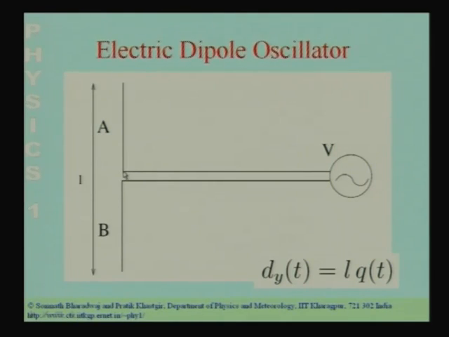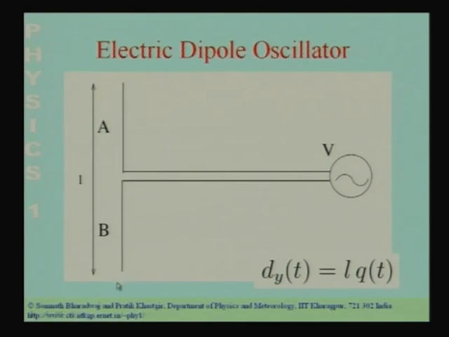Now, if I have a positive voltage at the bottom of A and a negative voltage at the bottom of B, then there will be an excess of positive charge at this tip of A, and an excess of negative charge at the tip of B.